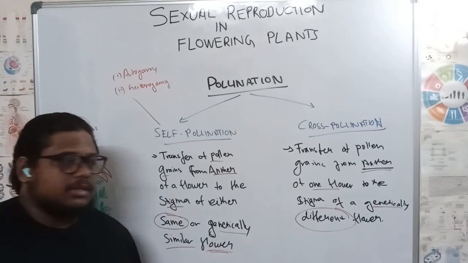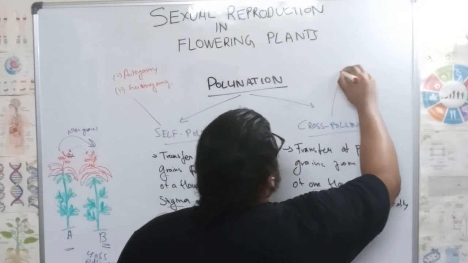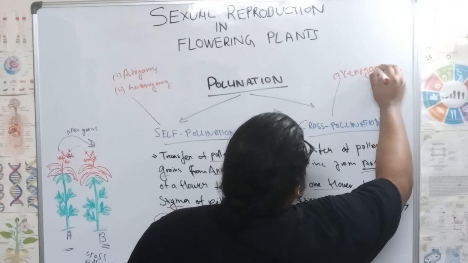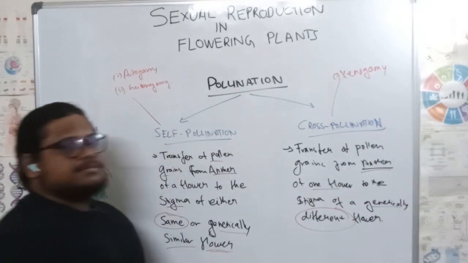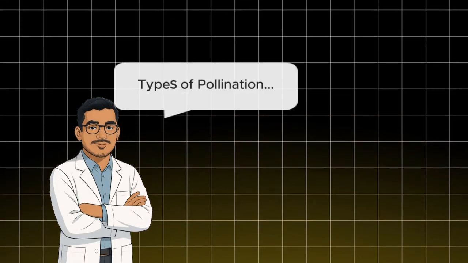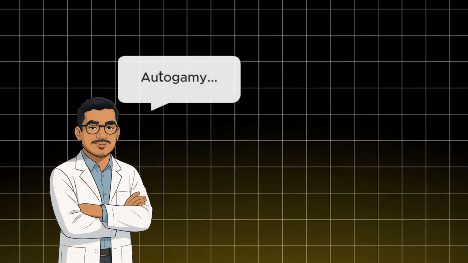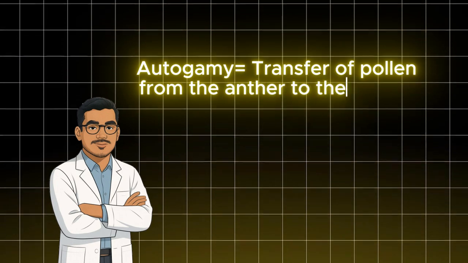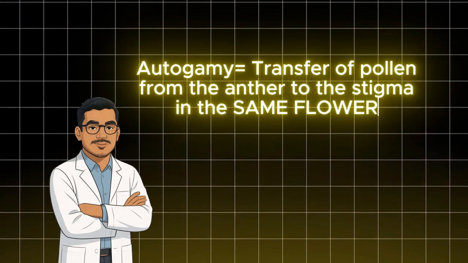Cross pollination में the type which we will be studying is known as xenogamy. अब हम देखेंगे these types of pollination. First we will know about autogamy. In autogamy what happens is simply there is the transfer of pollen from the anther to the stigma of the same flower.